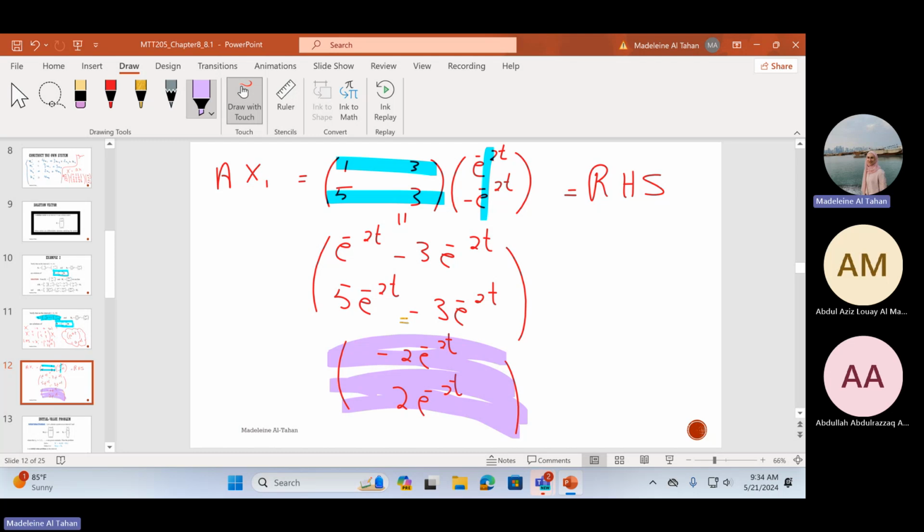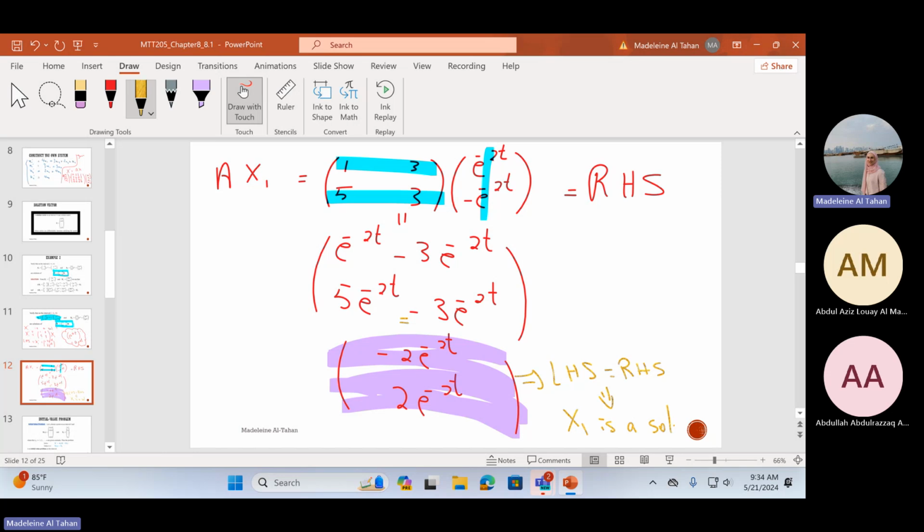Yes. So if the left-hand side equals the right-hand side, what can we deduce about x1? Solution. So we can deduce that x1 is a solution.